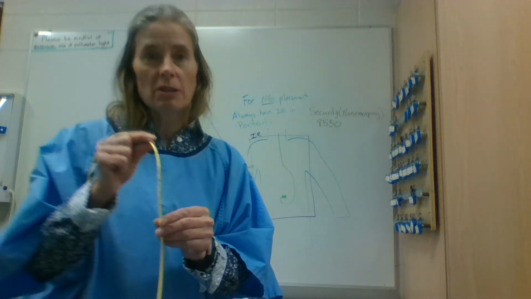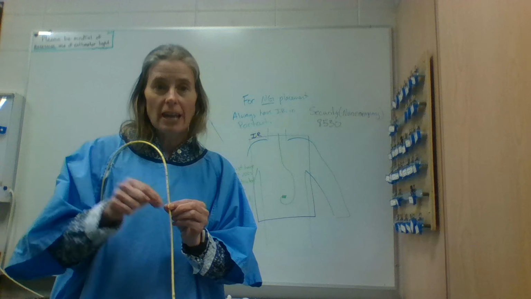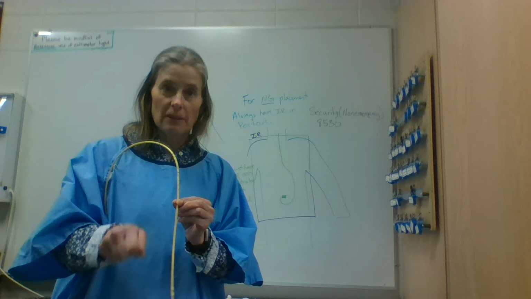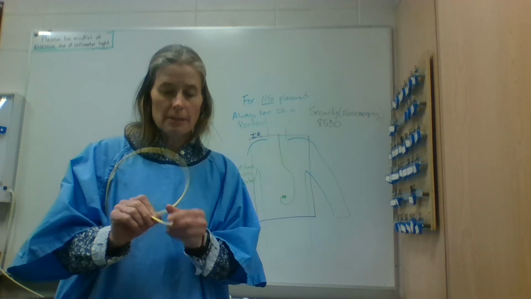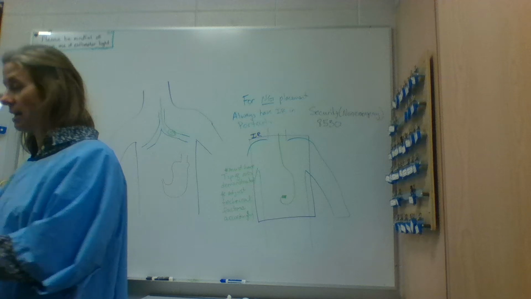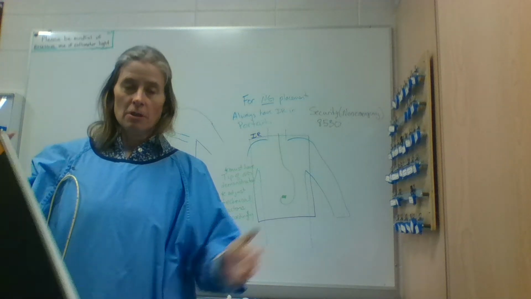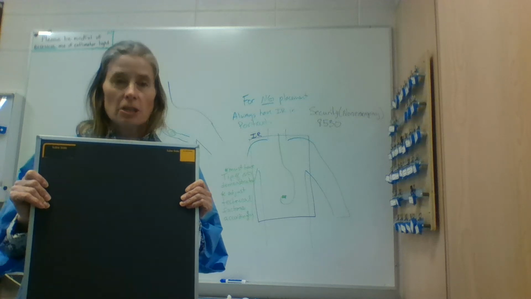If there has to be an adjustment in the placement of that NG tube, they're able to very accurately make that adjustment, whether they have to advance it or pull it back, based on these indicators. But the tip itself will be radiopaque. And when we take a chest x-ray, it doesn't matter if the patient's as wide as can be, we always do it with the image receptor in the upright position.